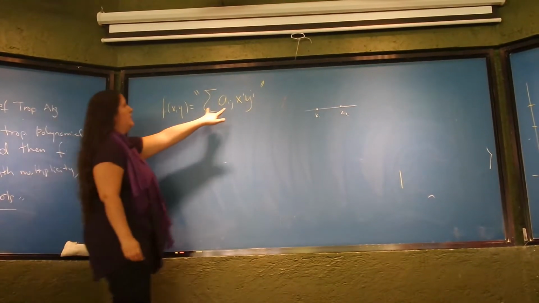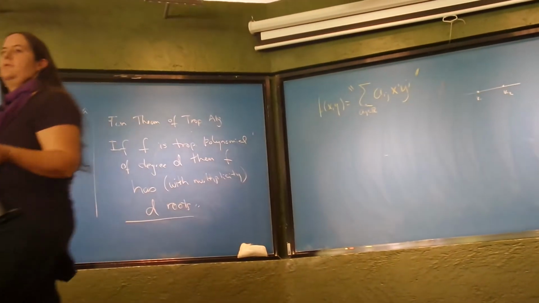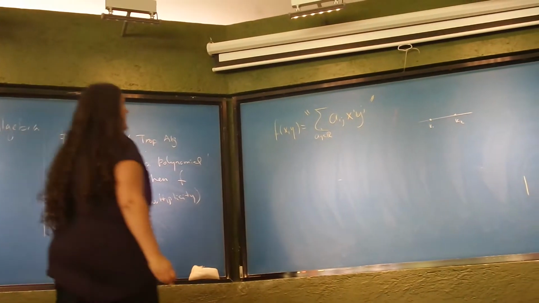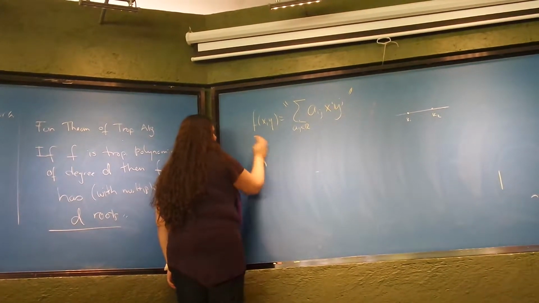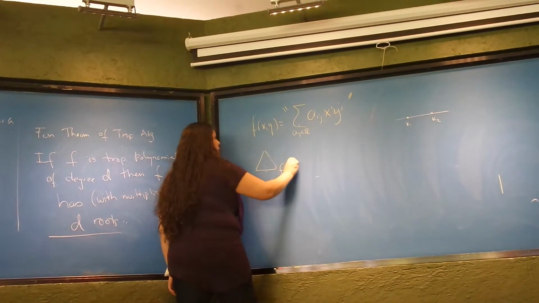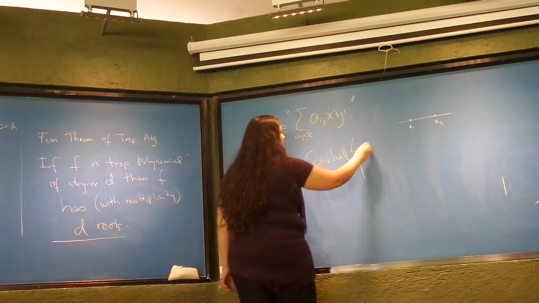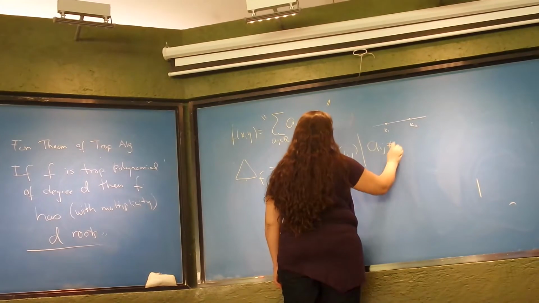We don't want coefficients to be minus infinity because it's the same as in classical. We don't want coefficients to be 0. Okay? Then the Newton polytope will be the convex hull of the exponents with coefficient different from minus infinity.